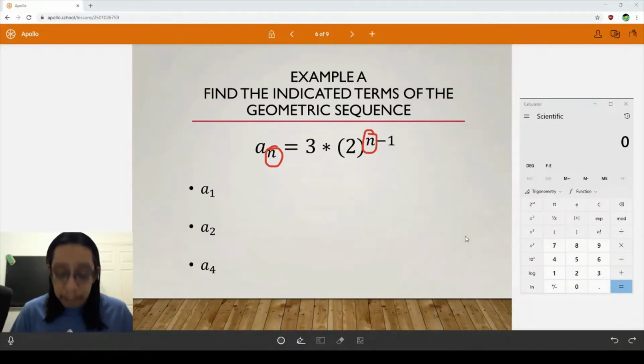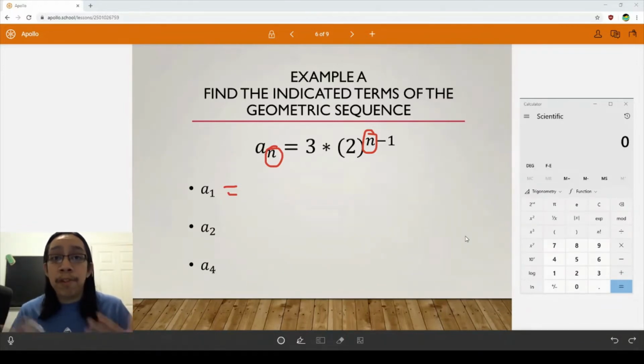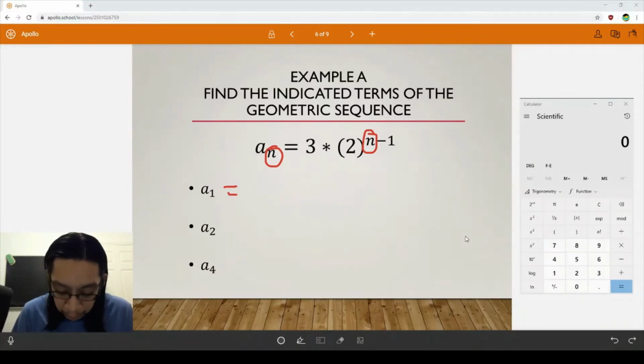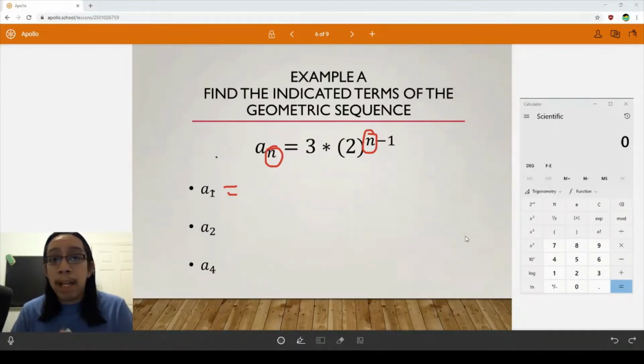So let's say that they ask you to find a sub 1, the first term of your sequence. If you want to find the first term, remember that that's the first number. That number 1 is what you're going to be plugging in for n.